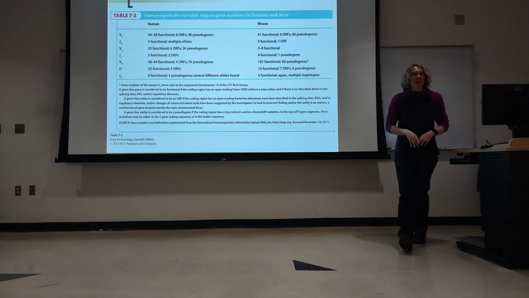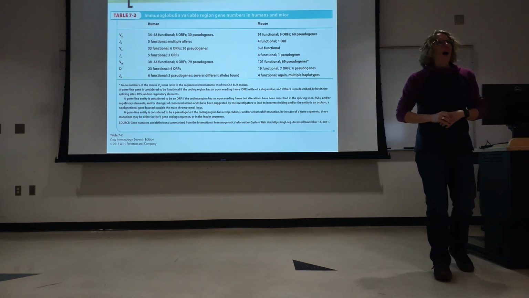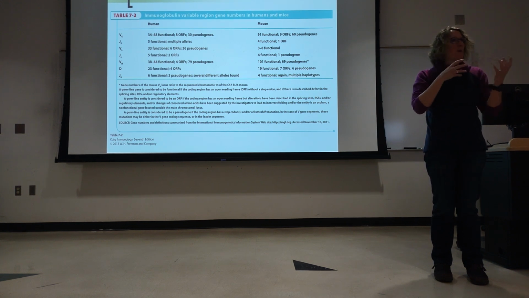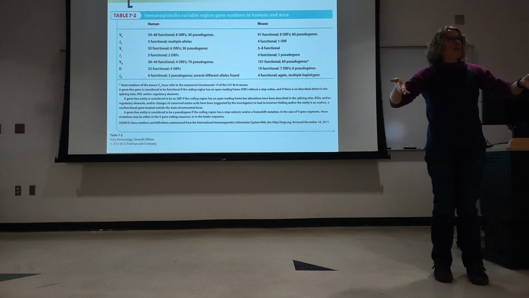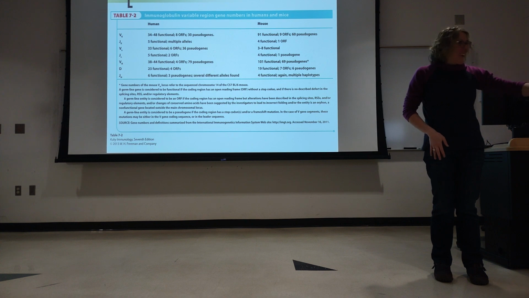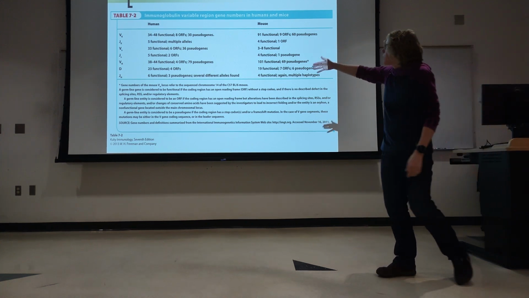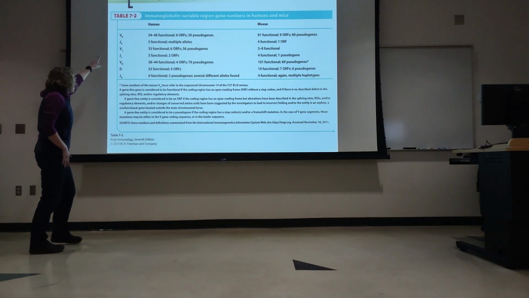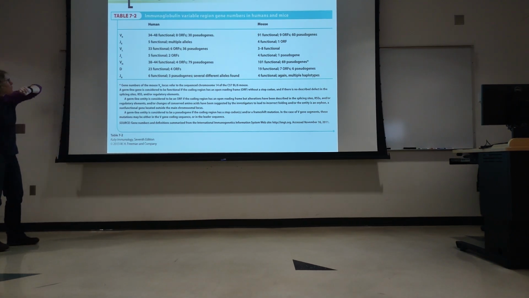This slide is really nice because it gives you an idea about how many gene segments exist from the different pools. How many cards are in each deck? How many cards are in each suit in each deck is what we're getting at too in the numbers here on this table. So I'm going to start with heavy chains first.